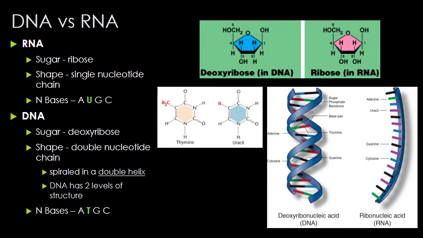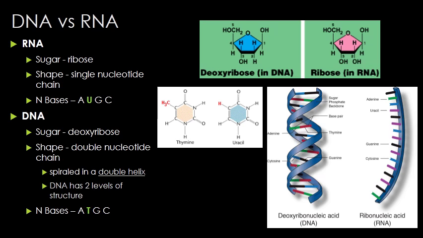There are 3 major differences between RNA and DNA. The first is the sugar. RNA has a ribose sugar, DNA has a deoxyribose sugar, but both are still 5-carbon sugars. RNA has a single nucleotide chain, and DNA has a double nucleotide chain. This does mean that DNA, like proteins, has more than one level of structure.